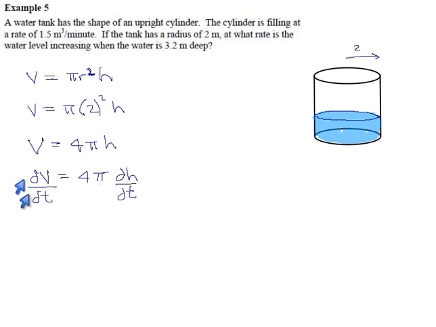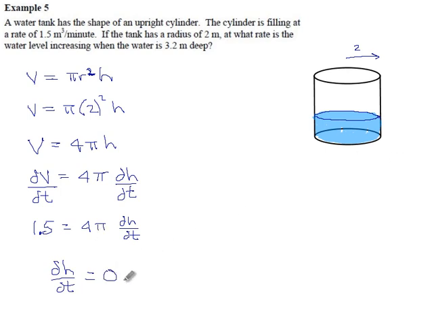If this is in cubic meters per minute, this will come out in meters per minute. dV/dt is 1.5 equals 4 pi dh/dt. Divide both sides by 4 pi, and we get dh/dt is 1.5 divided by 4, also divided by pi.